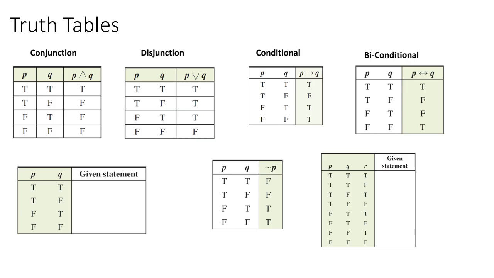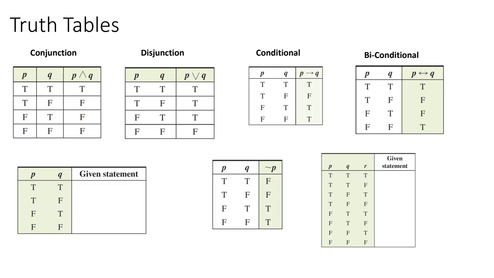And notice the final value of the compound statement is on the last column, on the third column. So when you have a conjunction, it is only true when both of them are true. So the next one is called the disjunction.